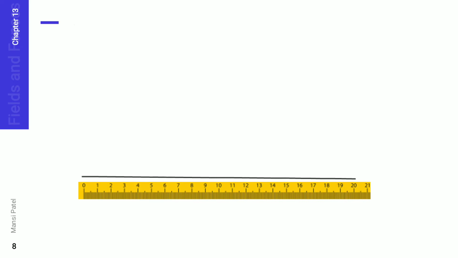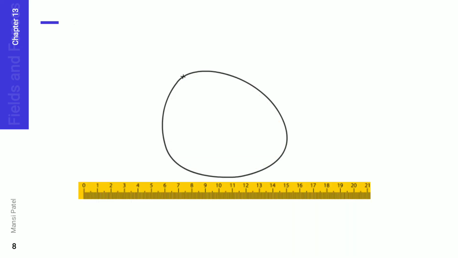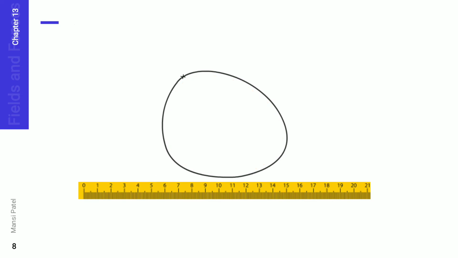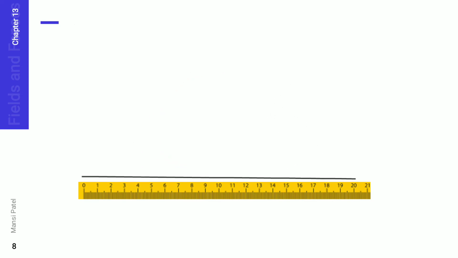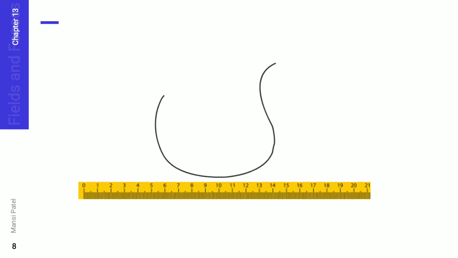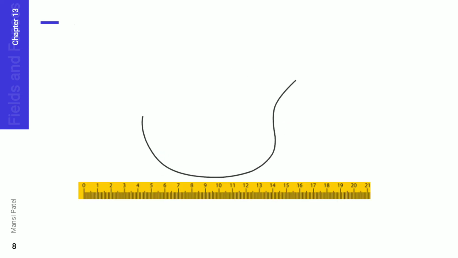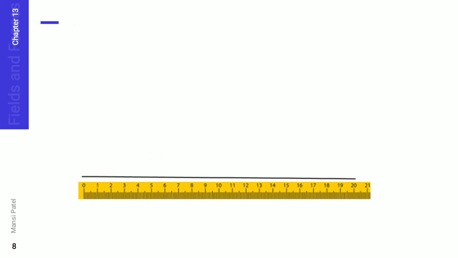First of all, take the thread and put it on its boundary, then take that much thread, put it on the scale like this, and measure it. What is the length of that irregular shape?